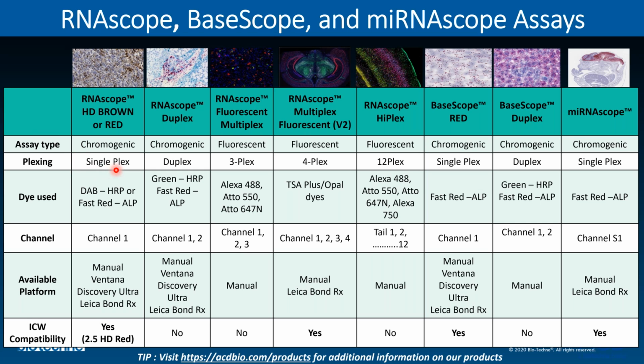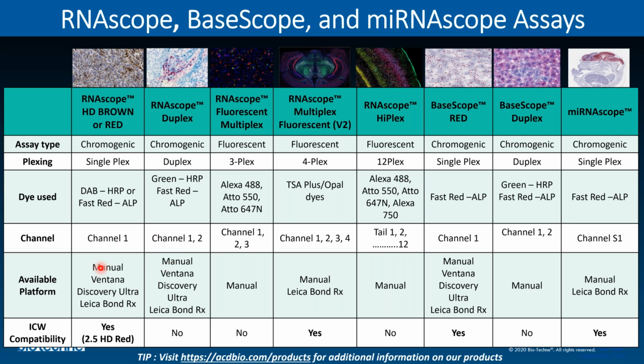You can have a singleplex assay where you can have brown detection using the DAB, or red using the ALP detection. And then you can have a duplex where you can have green, red, or red, brown. So you can look at one RNA marker or two RNA biomarkers at the same time.